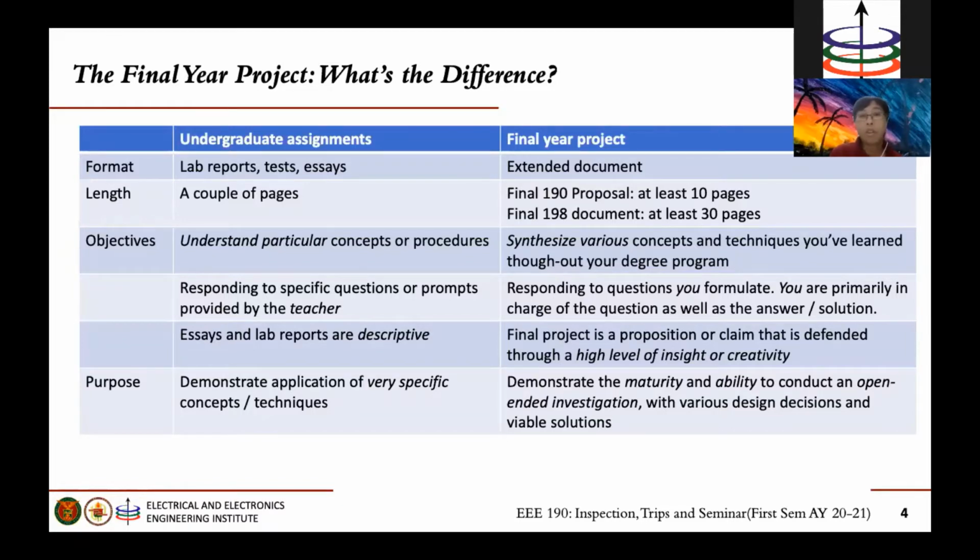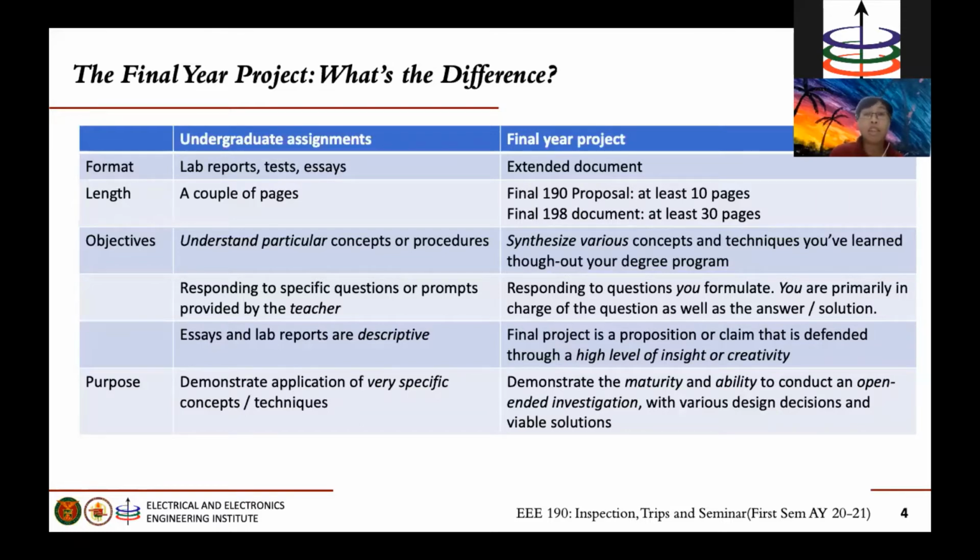However, for your final year project, that's not the case. Okay, it's an open-ended investigation. It doesn't have to be research. When we say open-ended, it doesn't mean you don't know the answer. Okay, that's what exactly research is. It can be an industry problem. The difference is there are different viable options.